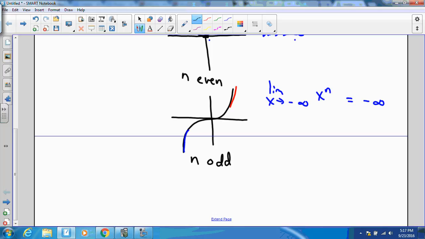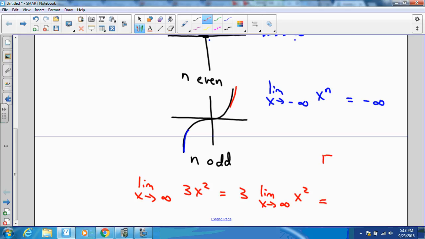As an example, we want to consider the limit as x goes to positive infinity of 3x squared. And so we can use a little bit of constant multiple rule or product rule to rewrite the limit, like so. And now we observe that the limit as x goes to infinity of x to any integer power is going to give me infinity.